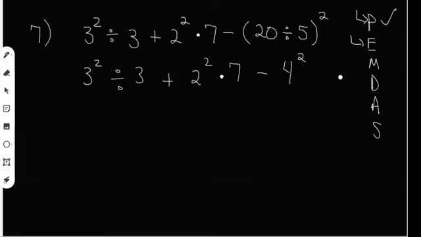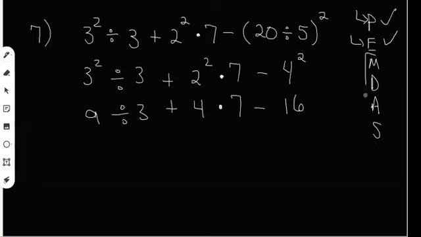Exponents. We have a lot of exponents, don't we? What's 3 squared? That's going to give me 9. Keep everything else the same. 2 squared, that's going to give me 4. Keep everything else the same. And then 4 squared, that's going to give me 16. So now we can say exponents are done.